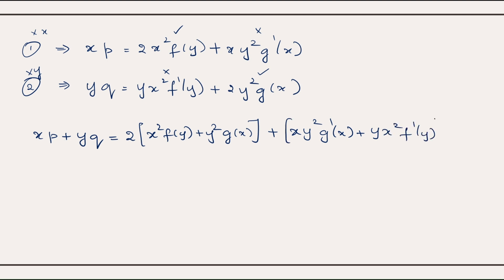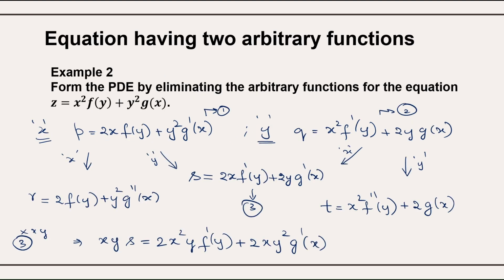So let it be another term. Now the first term, x² f(y) plus y² g(x), is nothing but the given problem itself, so that can be replaced as z here.